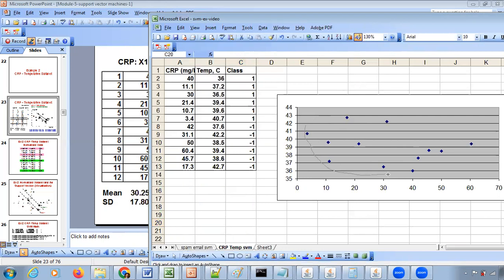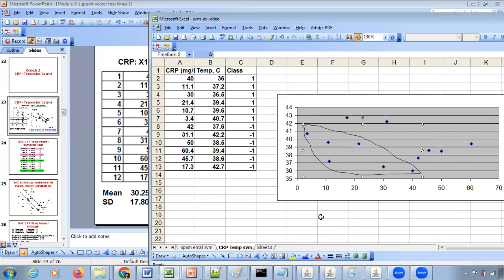Okay, so these 6 data points are for the virus class, this class 1. And the rest 6 are for the bacteria.